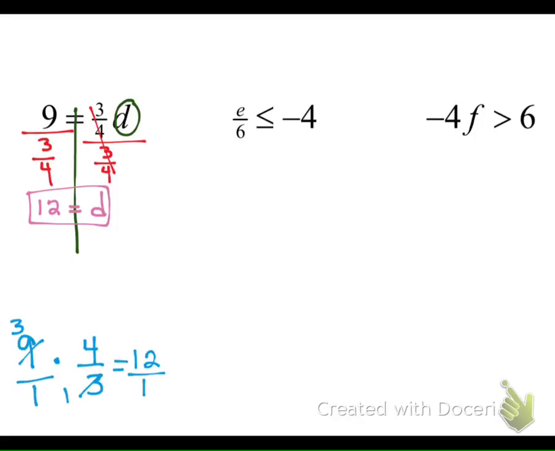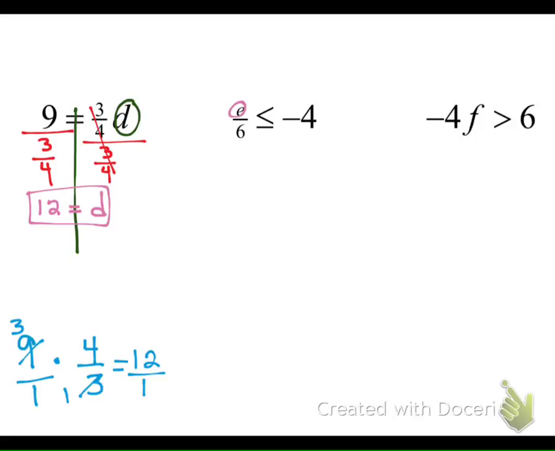And I want you to look at the back side where it says exception number 2. So we say that solving inequalities is just like solving equations with 2 exceptions. The first one is that instead of equal signs, they're going to have inequality signs. The second exception is whenever you multiply or divide by a negative, you have to flip the inequality sign. So keep that in mind when we work on these next two problems here.